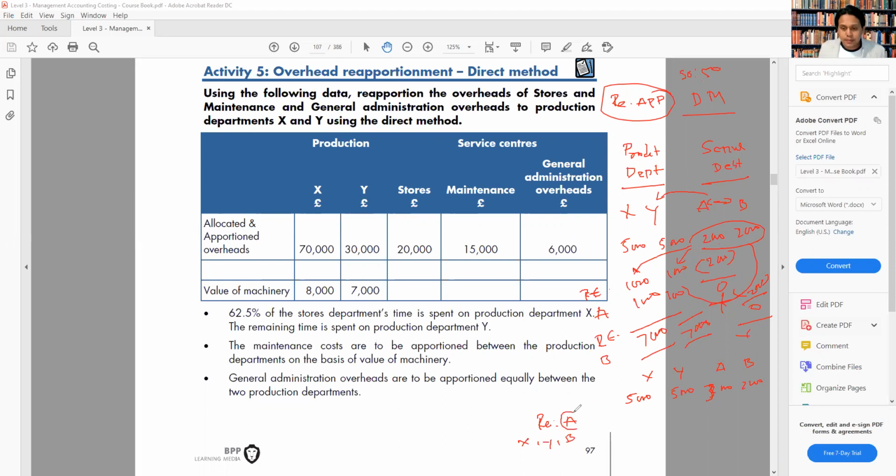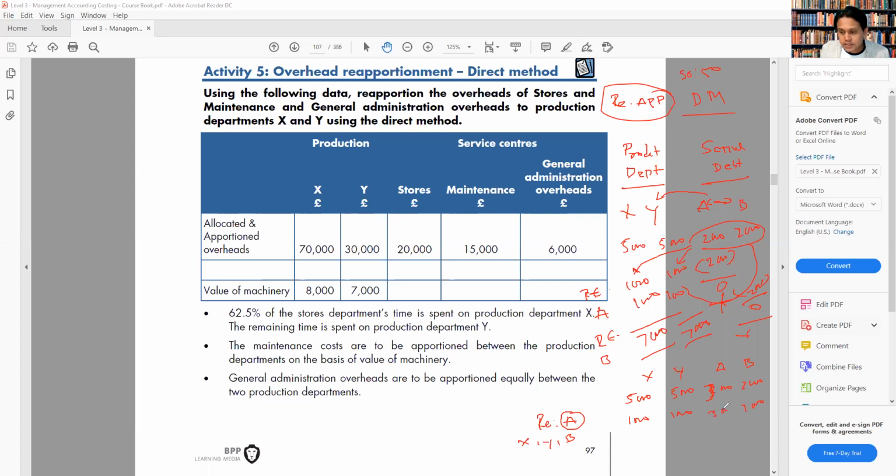So this time I am reapportioning the service department cost into the production and also into the service. The last one was service to production directly. Now the indirect one is service, production, and service. So I said this 3,000 will be split equally, 1,000, 1,000, and 1,000.